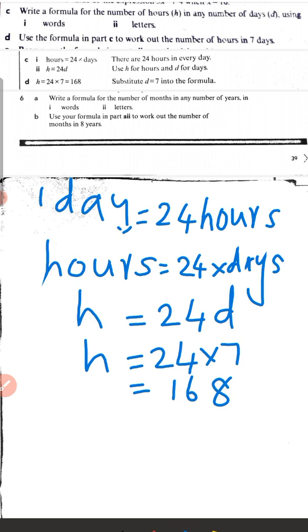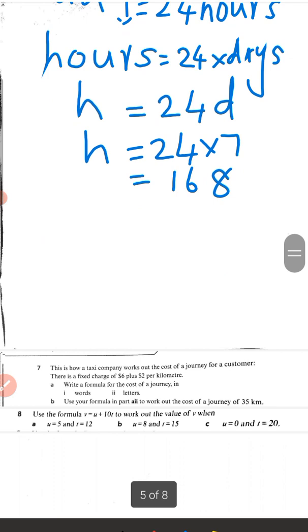Now our next question is, write a formula for the number of months in any number of years in words and letters, and use this formula to work out the number of months in 8 years. So first find the relationship between months and years. As you already learned, 1 year is equal to 12 months.